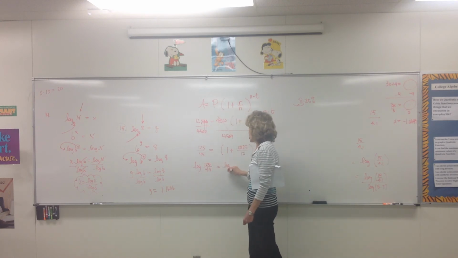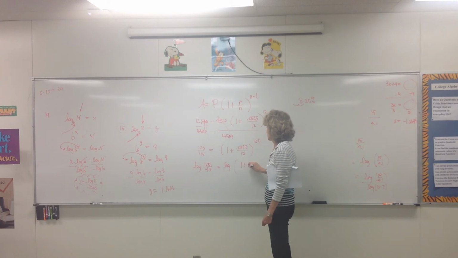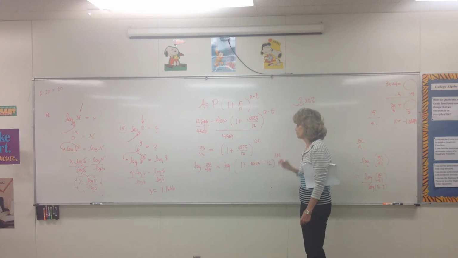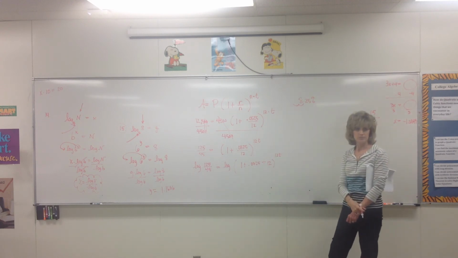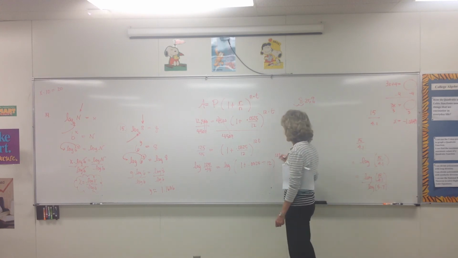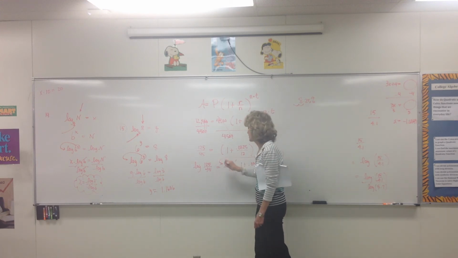If you take log of both sides, how does that help us? It's going to allow you to get that exponent, the way to get the variable down out of the exponent position. Because I've got a log of something to a power, 12t can become a multiplier.